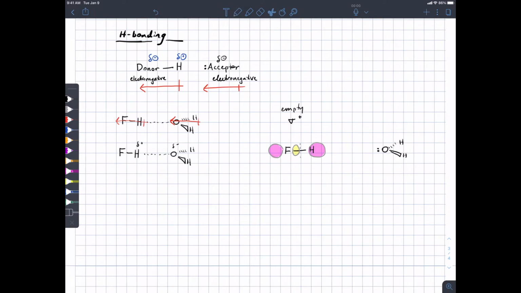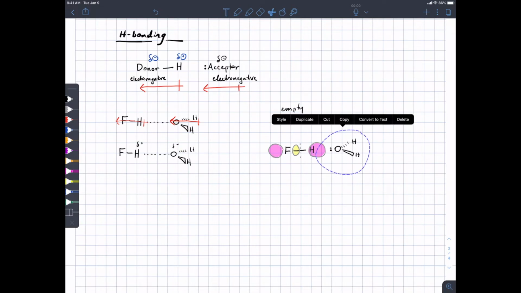But you could imagine the lone pair on this water molecule getting close enough that maybe it's partially dumping its electron density into the sigma star of the hydrogen bond donor. And in that case, you would expect the hydrogen to be shared, perhaps not equally, but somewhat between the two atoms. And there are some cases where hydrogen bonds are said to have partial covalent character.